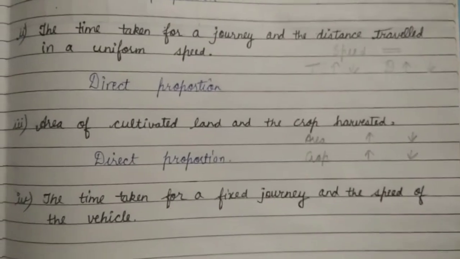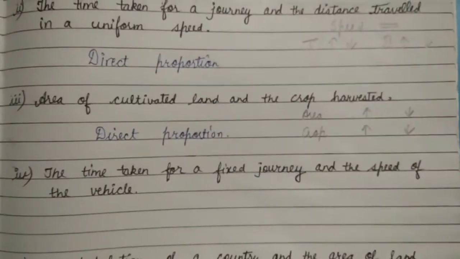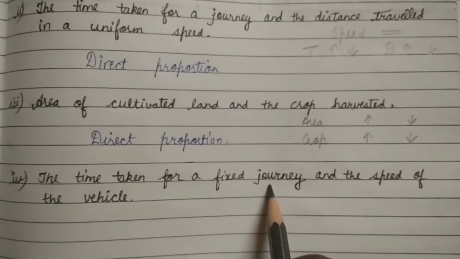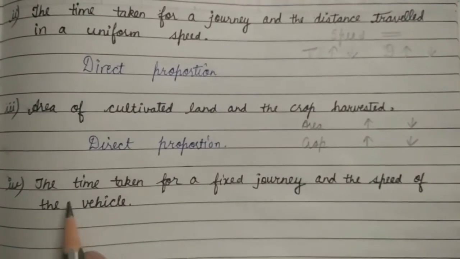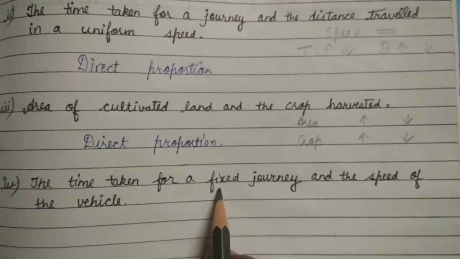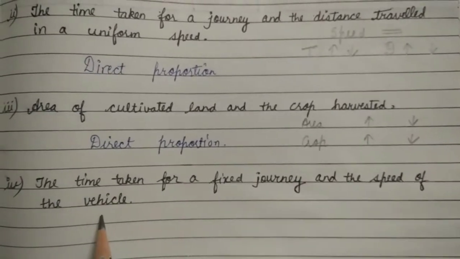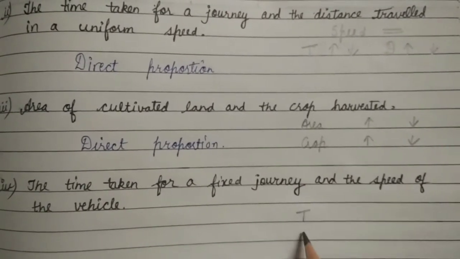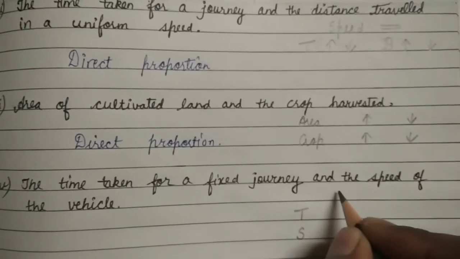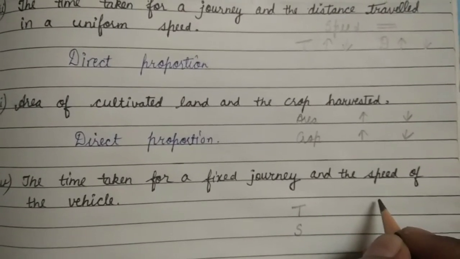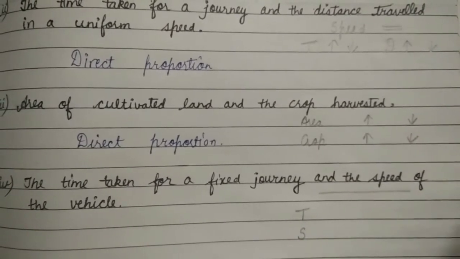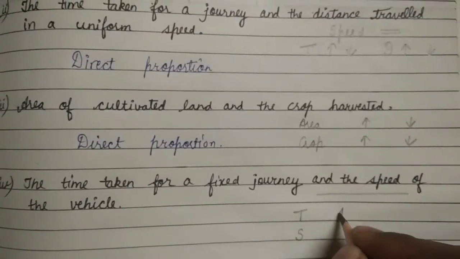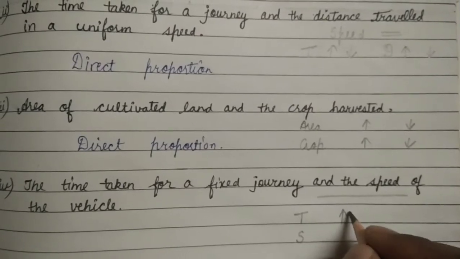Now the fourth one is the time taken for a fixed journey and the speed of the vehicle. The journey is constant, and we have to measure time and speed. If you want to complete your journey fast, you are traveling very fast.